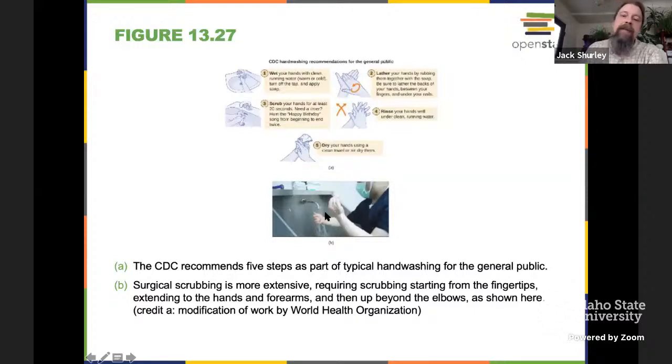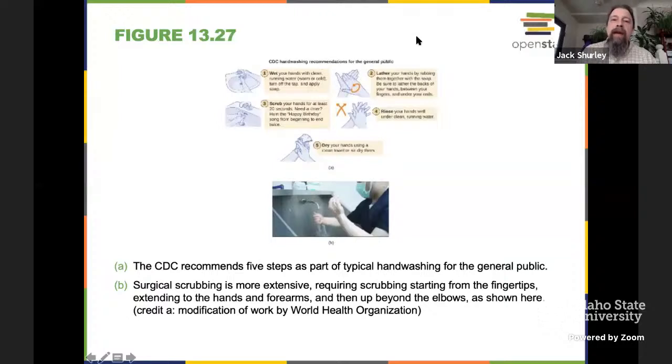Back in business. The image below is a little more detailed. A surgical scrub in is definitely more extensive in this process. Again, washing your hands thoroughly, but starting from the fingertips, moving all the way up the forearm, a little bit past the elbow, hoping to ensure that as much of the transient microbes, those that are potential pathogens, have been removed.